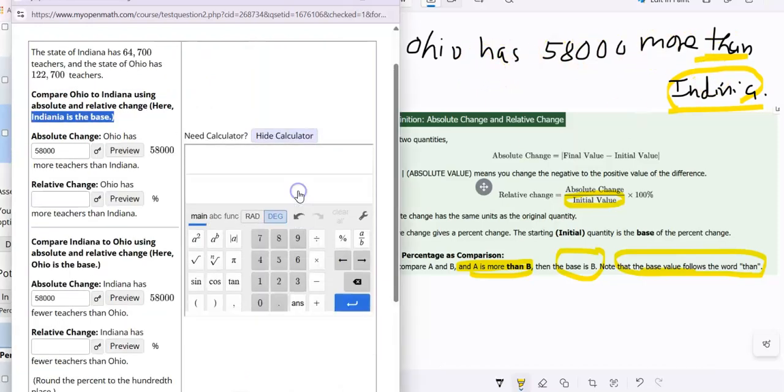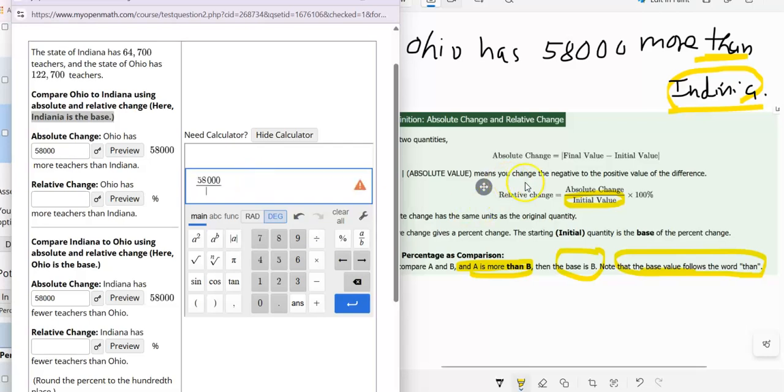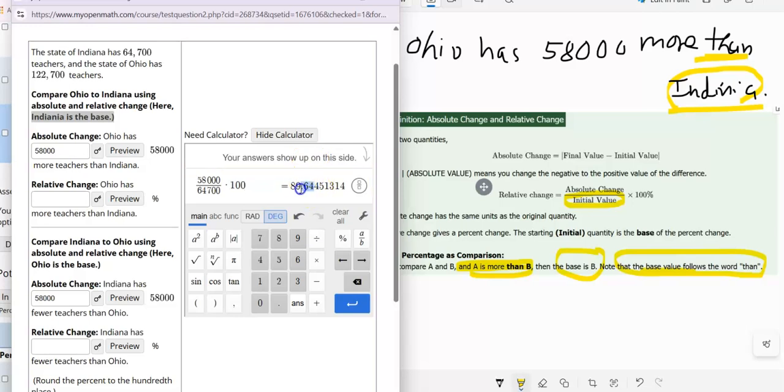So how do we find it? The formula is 58,000, the absolute change, divided by the initial value, which is the base, which is Indiana, 64,700, and times 100, which gives you 89.64.